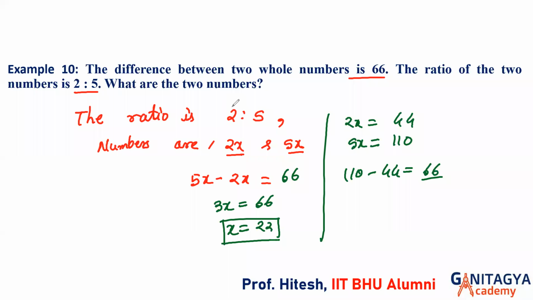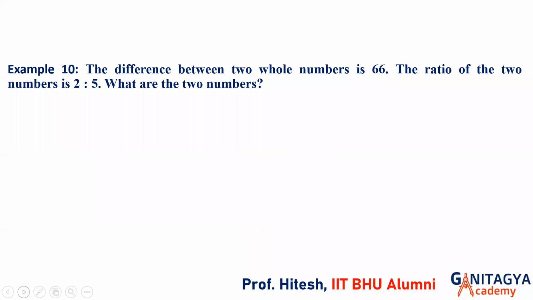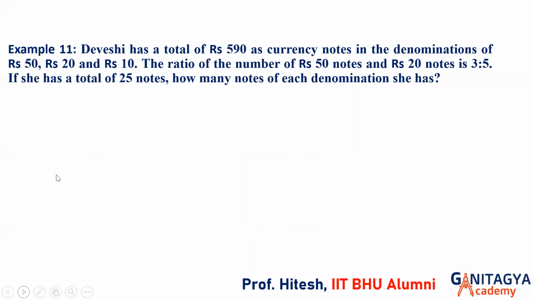So the next question, first you people try. I will give you 2 minutes and then I will solve. Okay. So write down this question also. It is a big question, lengthy question. So the question is, Deveshi has a total of rupees 590 as currency notes in denominations of rupees 50, rupees 20 and rupees 10.